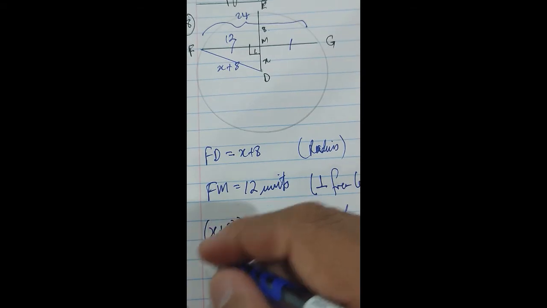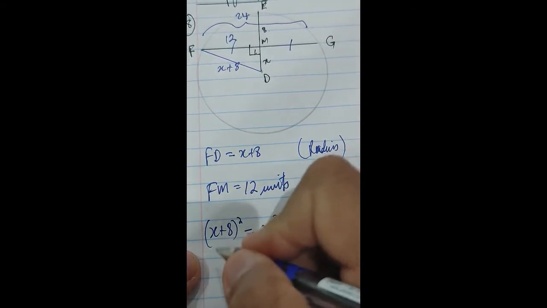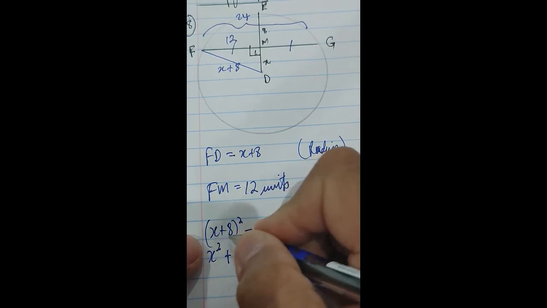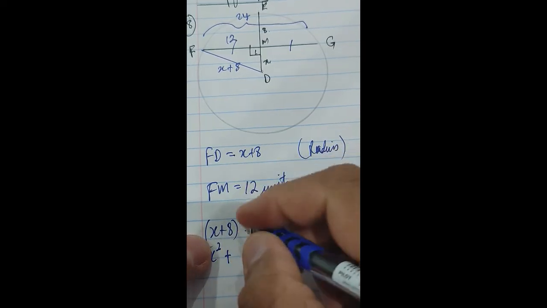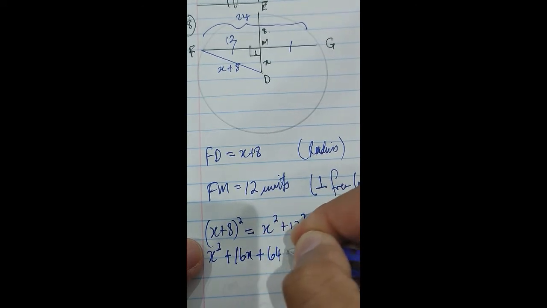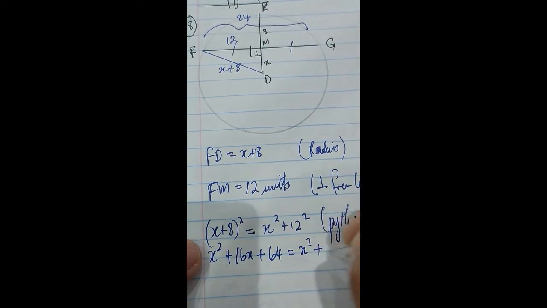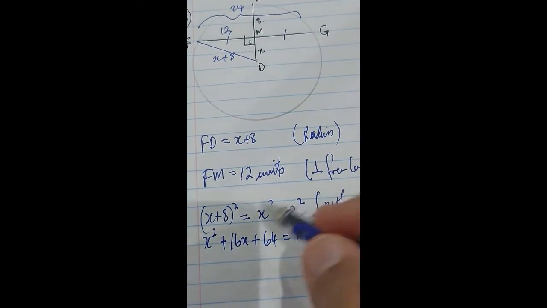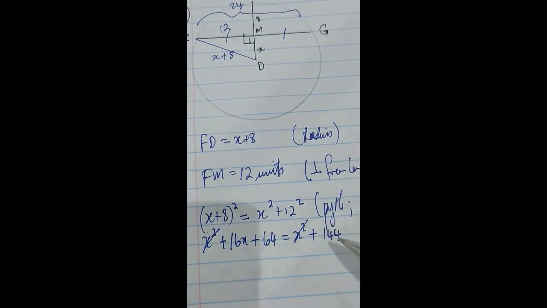Now it's just a matter of solving for x here. So it becomes x squared plus x times 2 times 8, which is 16x, plus 64 equals x squared plus 144. Now it becomes an equation that needs to be solved. Of course, x squared cancels.